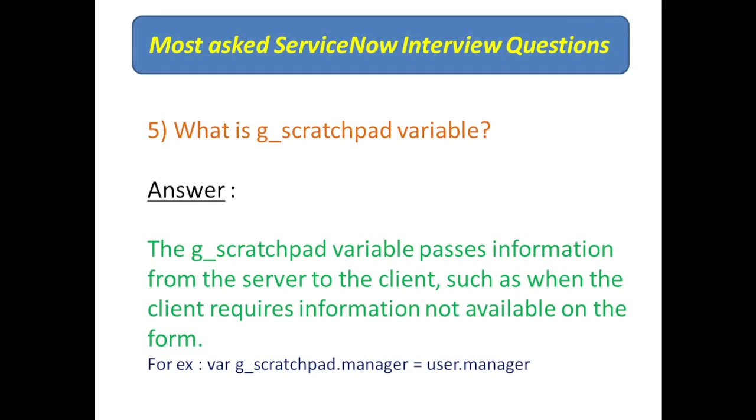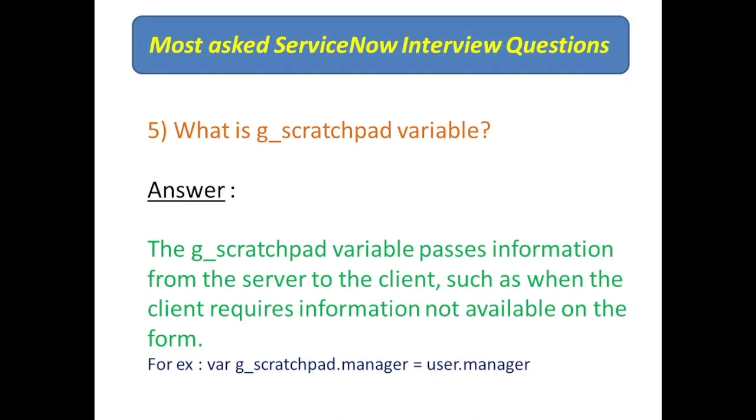Okay, so here you can see the example I have given. To define a g_scratchpad variable, you write var, which is defining the variable. Then you write g_scratchpad dot, and after the dot you can give anything. Right now I am just using manager. So I have created this g_scratchpad.manager variable. Now in this business rule, we will have this user.manager.